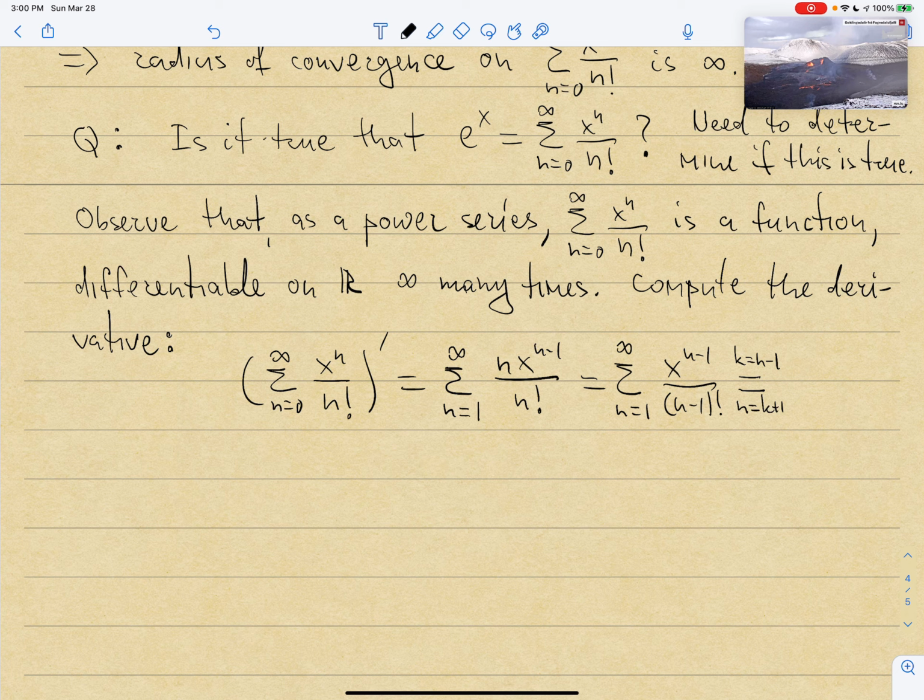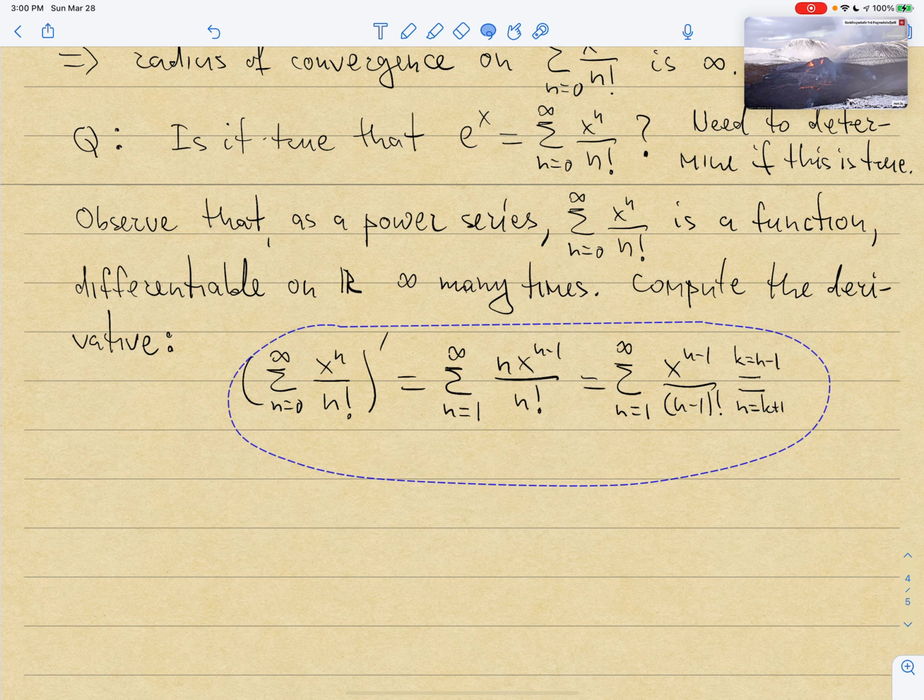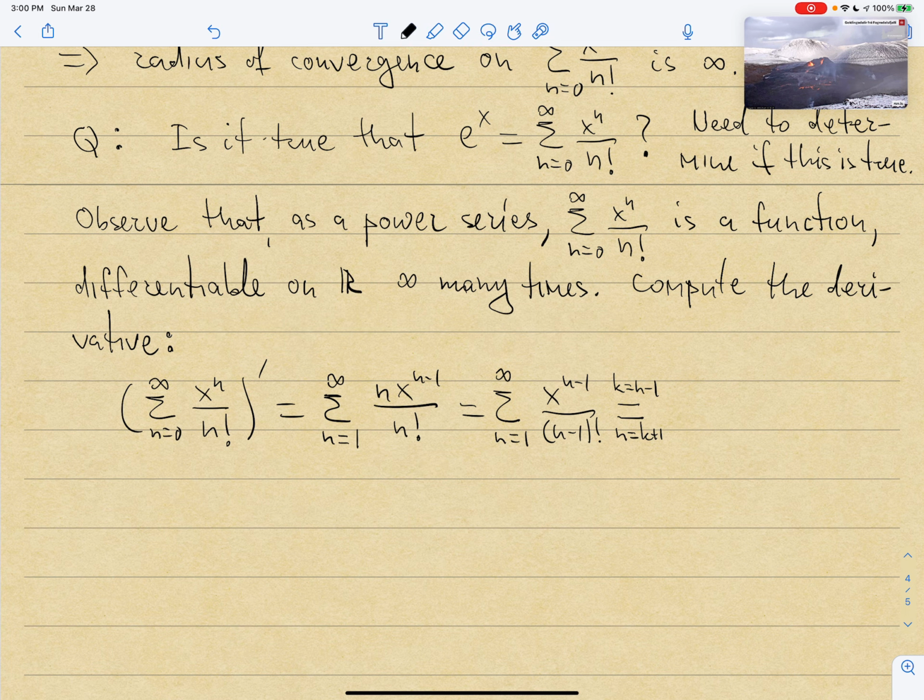And so if I replaced an index n with an index k is n minus 1, n starts from 1, k starts from 0. And of course, it still goes all the way up to infinity.